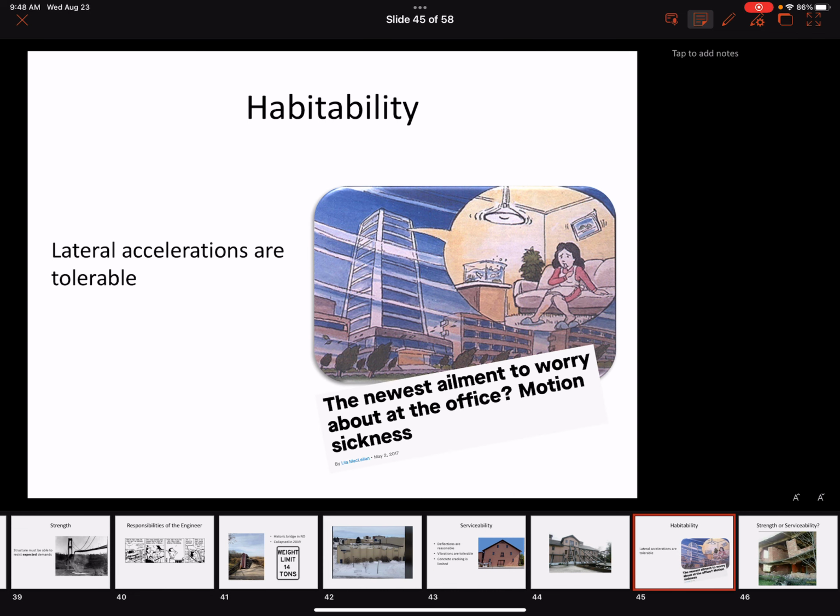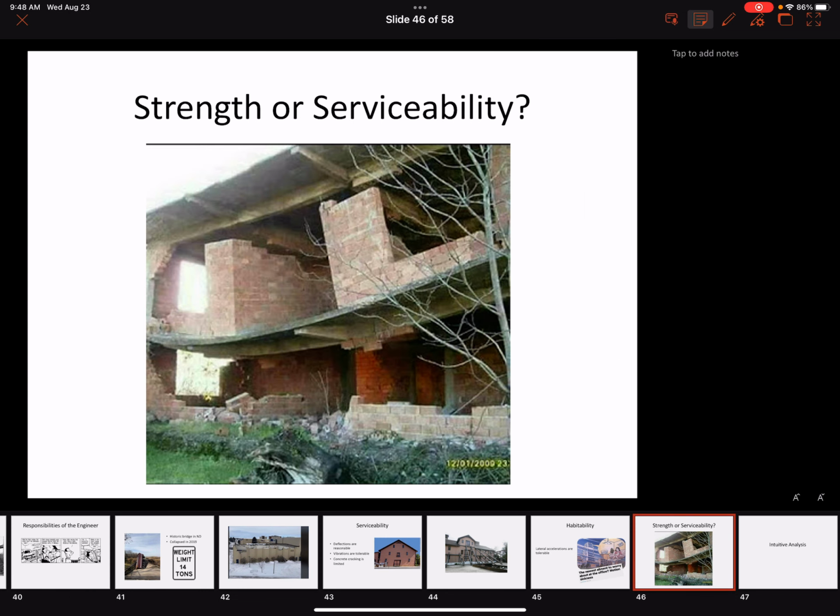All right, and then finally, lateral accelerations. This image says it all. Quick question here. Do we have a strength or serviceability issue in this image? Strength?